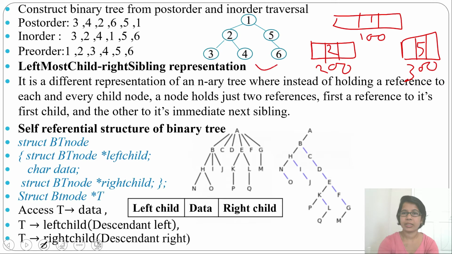I'm just doing this for the diagram. So 200 means it will hold the left child address, and 300 means it will hold the right child address. It's just like a doubly linked list, but in a hierarchical structure. The left link part holds the left child address, and the right link part holds the right child address. So I think you are clear: left child reference, data, right child reference.